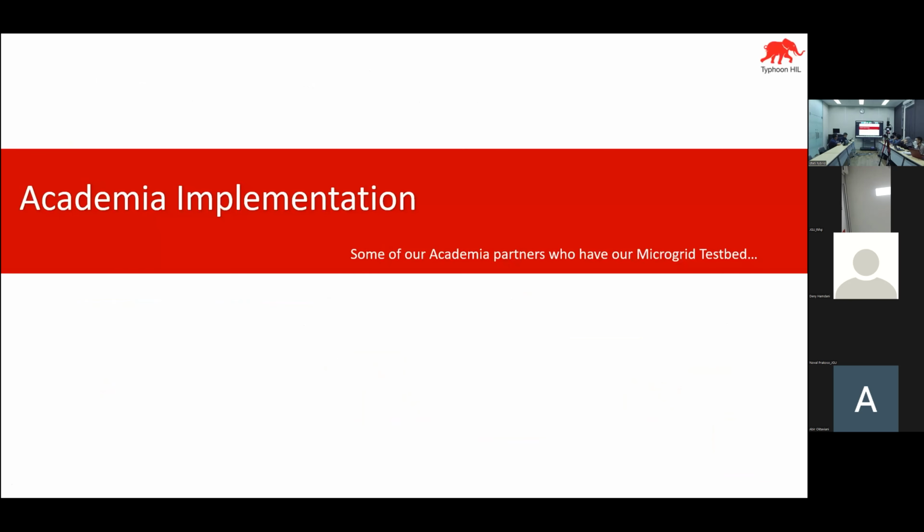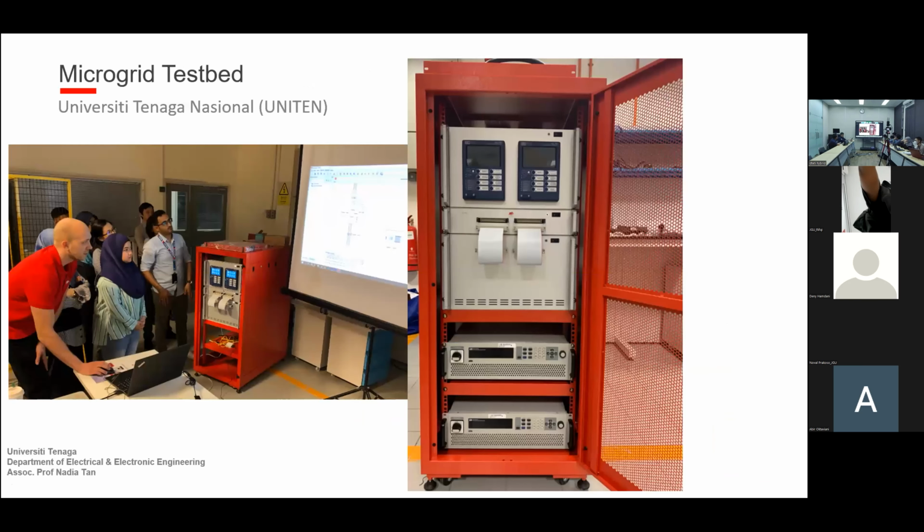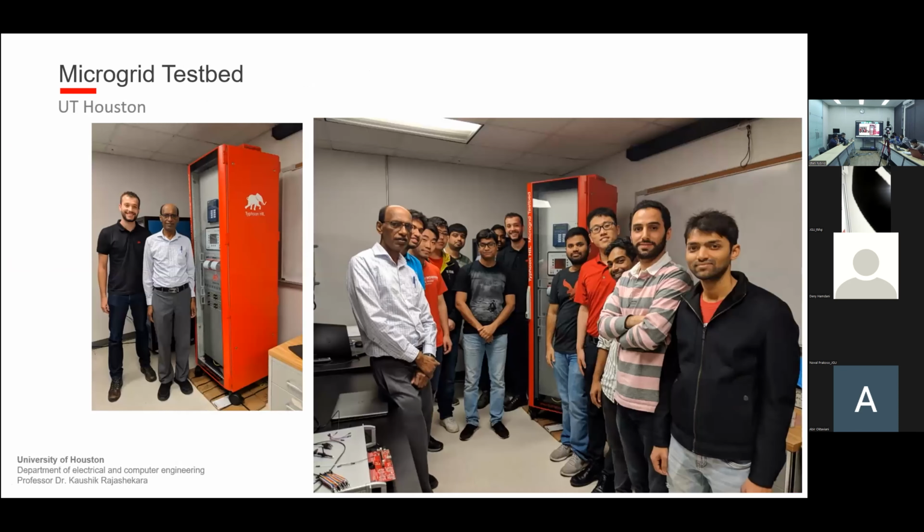Now in academia, we have universities in Thailand, in Malaysia that use Typhoon Hue, and right now in Indonesia, UGM has a Typhoon Hue, which we are very proud of. And so Typhoon Hue has been used in many universities for academic research itself.